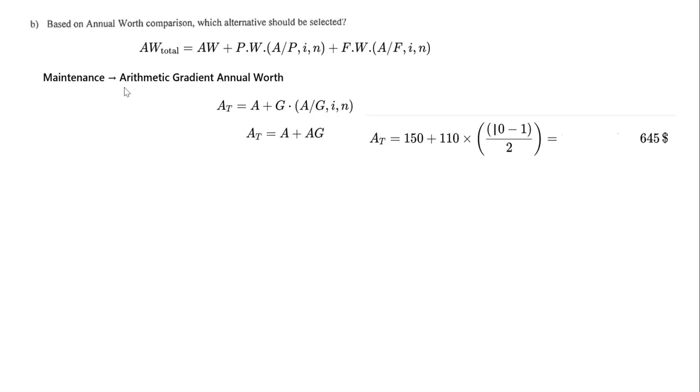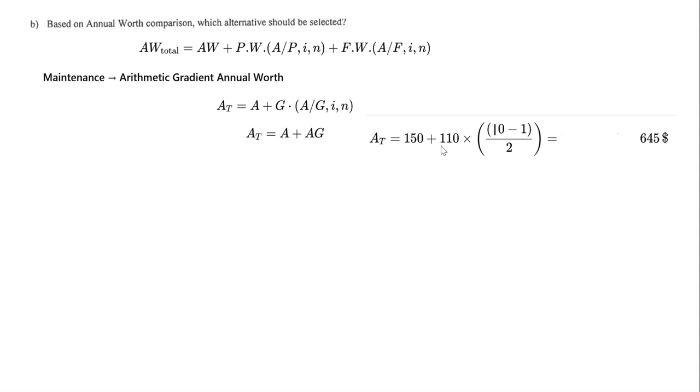For the maintenance, as it's a gradient annual worth, we have the fixed one plus the other one, which is going to be increased annually, and we will add the number 1 for that one. So A_t is equal to A plus A of the gradually increasing part. For example, for the first year it is 150, the fixed value. Each year we have this one.